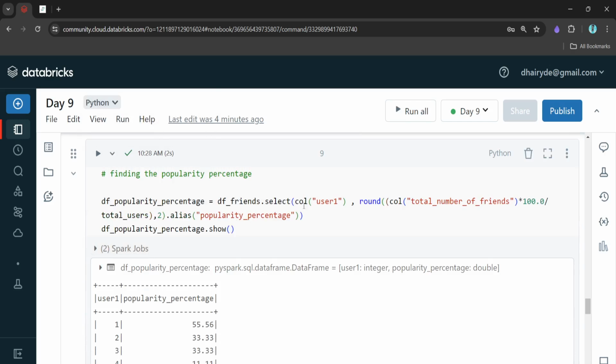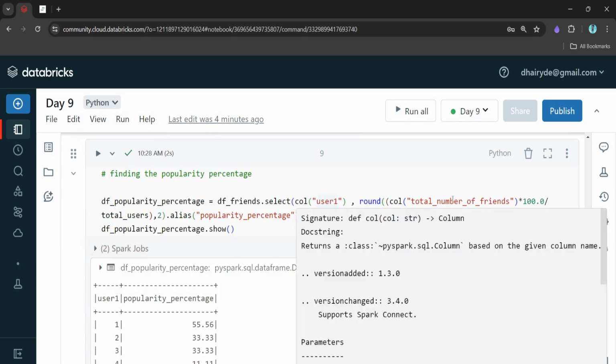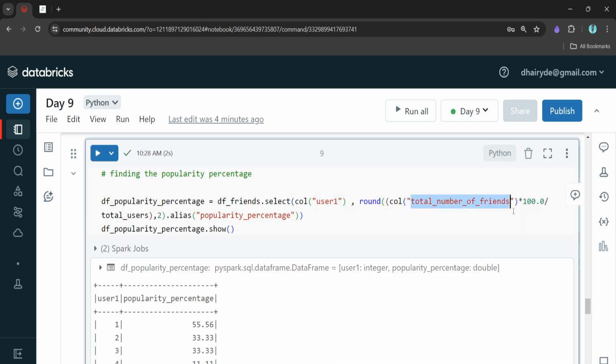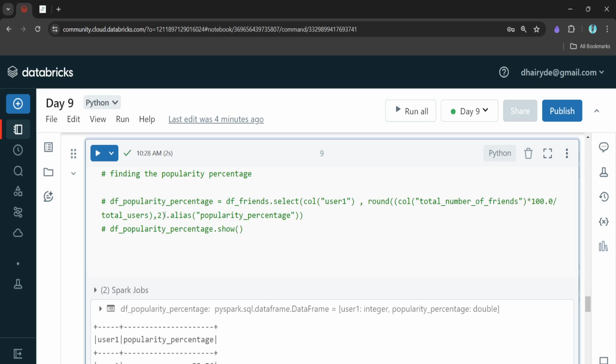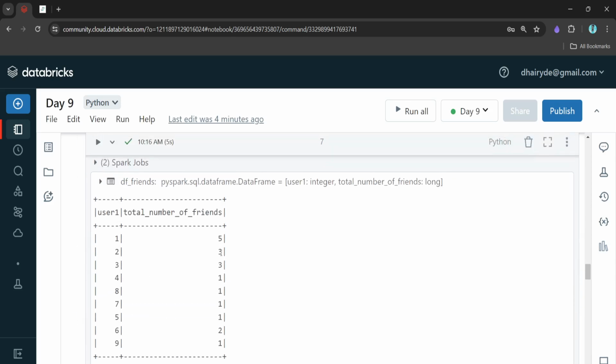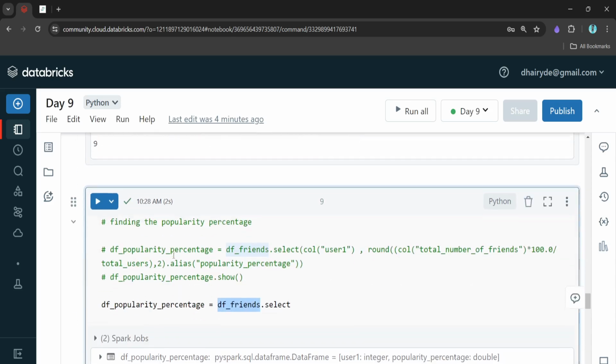Now it's simple, right? We just need to divide the total number of friends each user has by the total user. I have done a lot of things over here, so let me erase this or comment this and write from scratch. So we have df friends, that is this data frame, df friend.